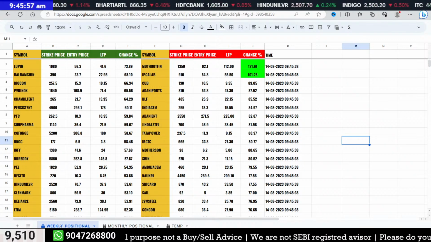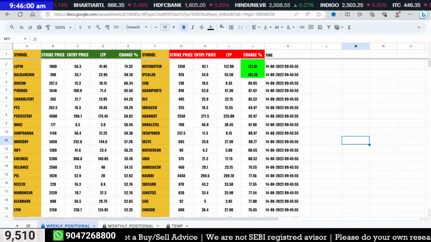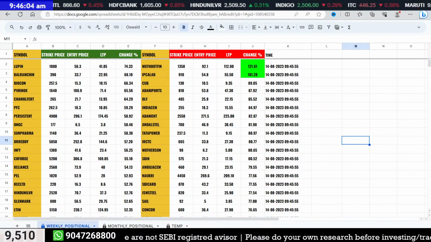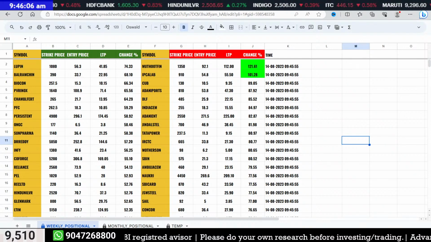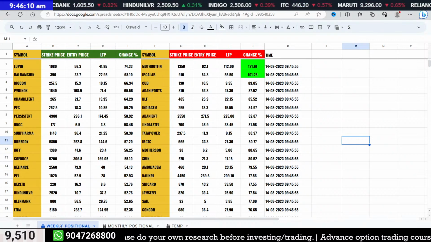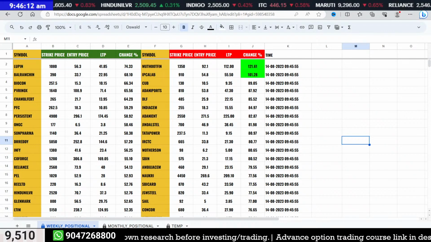Looking on the call side, Balrampur Chini, Biocon, stocks which are nearing the trigger on the call side, and PFC. Again Persistent is 4900. There's something like we are looking for.